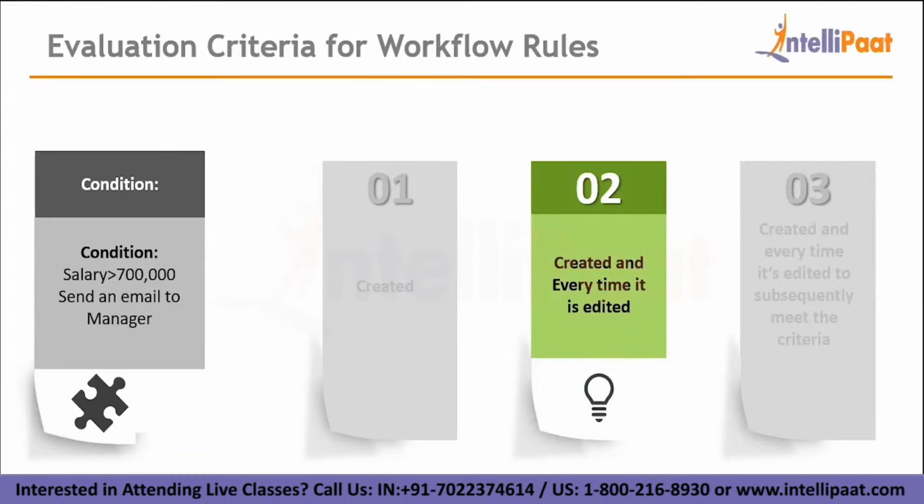But one disadvantage with the second evaluation criteria is that if I again edit that salary to, let's say, 6,50,000, then also the email will be sent to the manager. The disadvantage is that even if I change any single field in that particular record, an email will be sent to the manager.